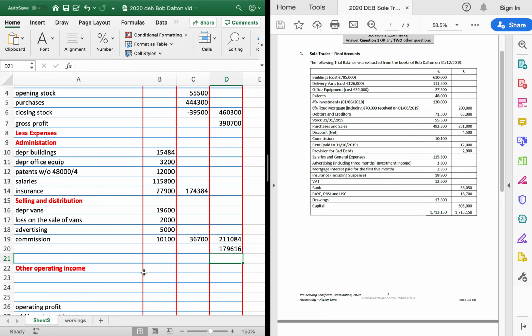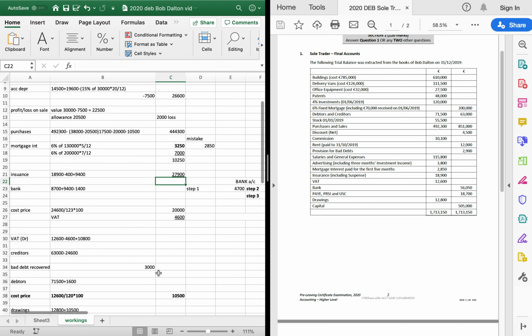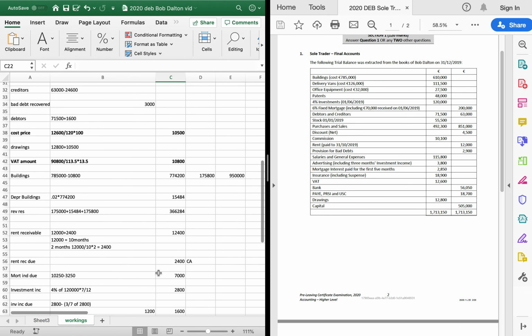Other operating income, we have a few of them. We have our rent receivable, bad debt recovered, and we should have our discount net of 4.5. That's the only one that hadn't changed. So the rent receivable was towards the end. It is 12,400.